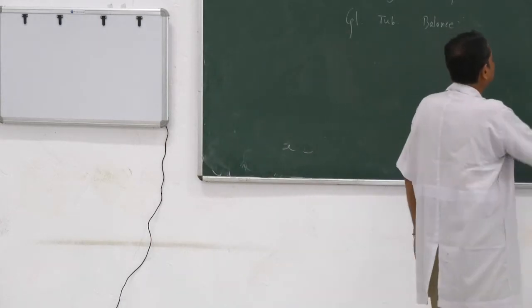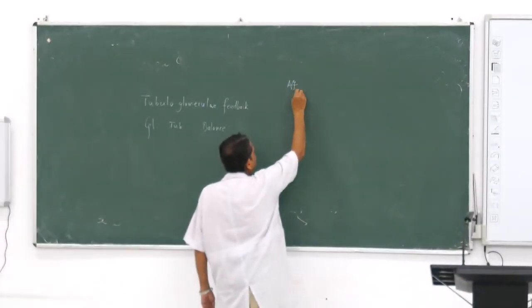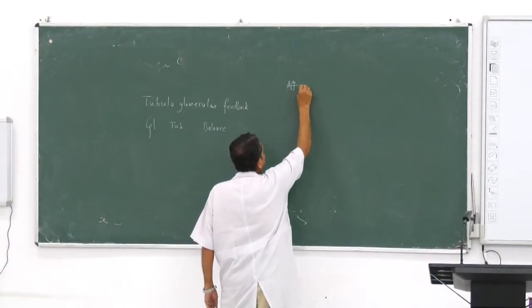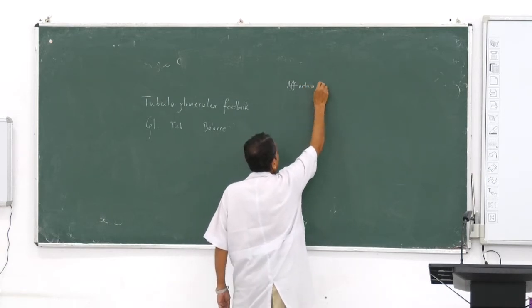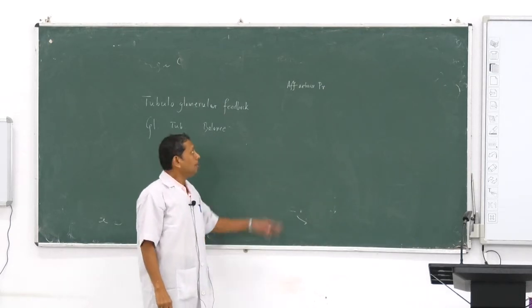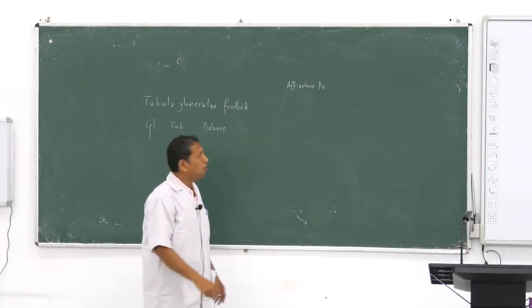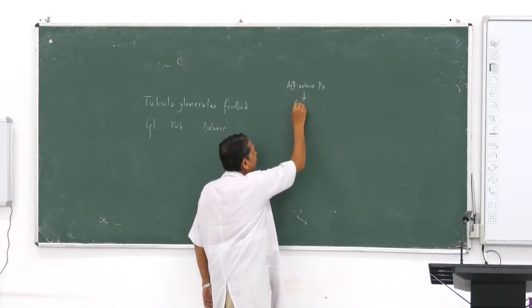Tubuloglomerular feedback. Suppose renal arterial pressure or afferent arteriolar pressure increases or decreases; there is some effect upon glomerular capillary pressure.